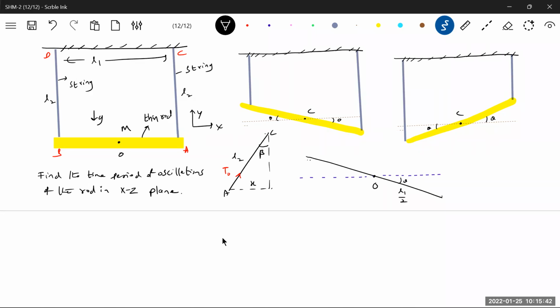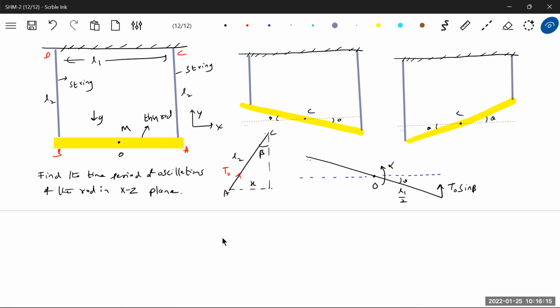This will be L1 by 2. How will the component of tension act? T naught sine beta will act here, and this is alpha. T naught cos beta will act vertical. T naught sine beta will act in this direction. So this will set up a restoring torque.